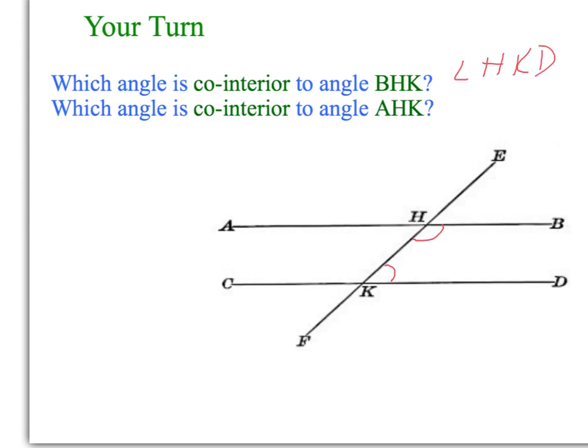And now we're looking at which angle is co-interior to AHK. AHK, so that's this one. So this one would be the co-interior angle, HKC. Okay, hopefully you did pretty well with those ones.